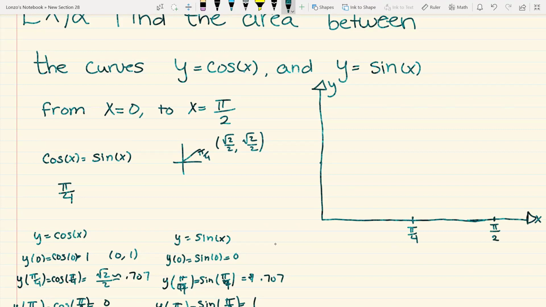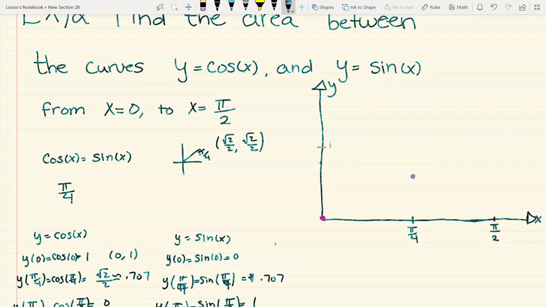So which one do you want to graph? Let's graph the sine of x to use Galaxy. So you have 0, 0 here, and then pi over 4 is like 0.77, so that's really close to 1.